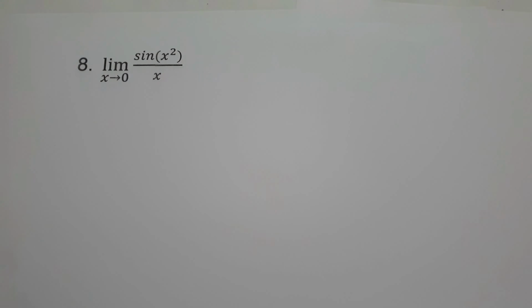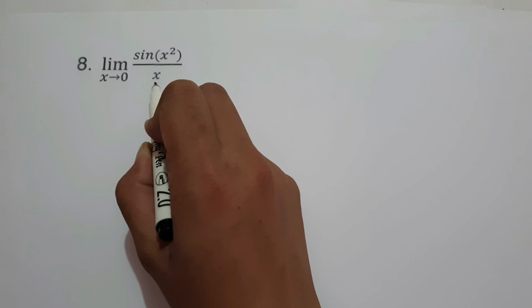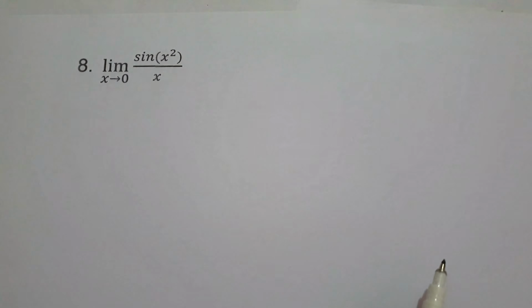On our last example, we have the limit of sine x squared over x as x approaches 0.